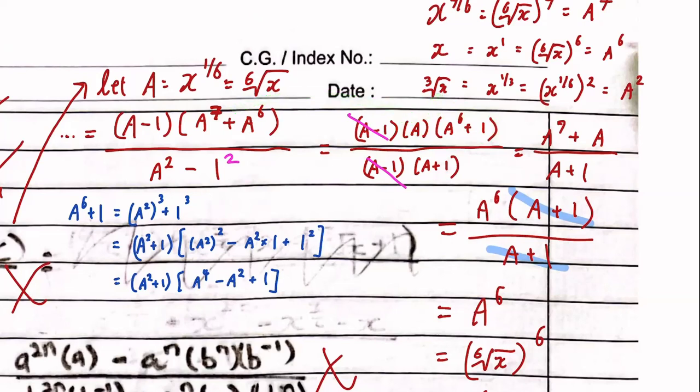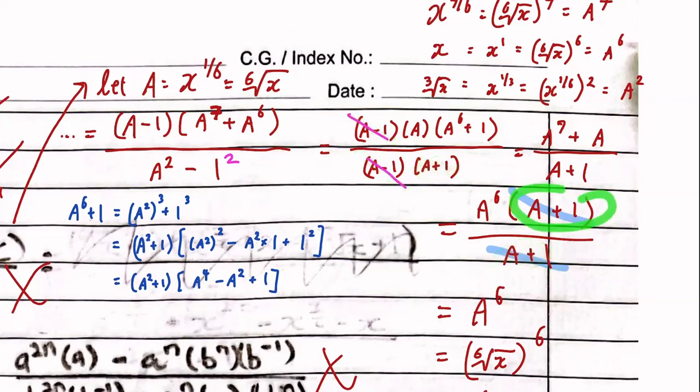So what I did is I factor out and then I expand again. And then finally, I factor out a power 6. Can you see that? So this part is a power 6 bracket a plus 1. Then what happens to the denominator? It has a plus 1. Just now we cancel off a minus 1, we are left with a plus 1.